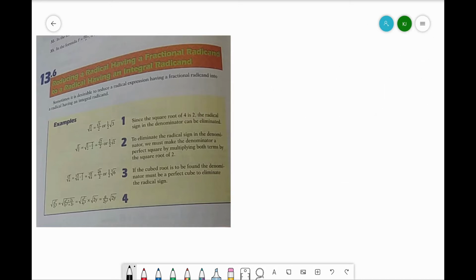And then the final example they give us is the cubed root of a squared over 2y cubed.